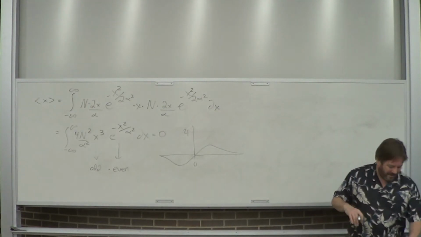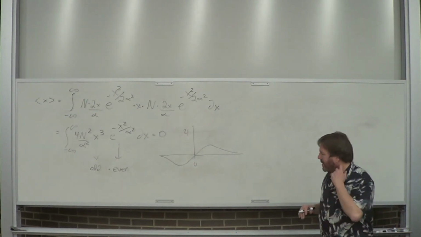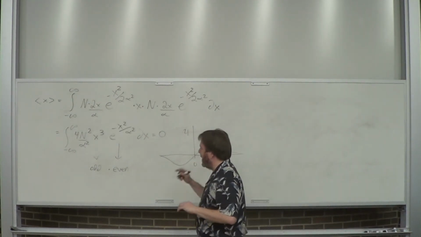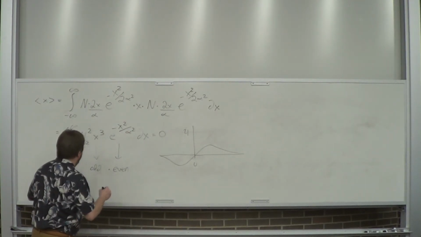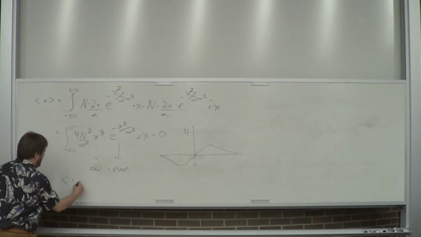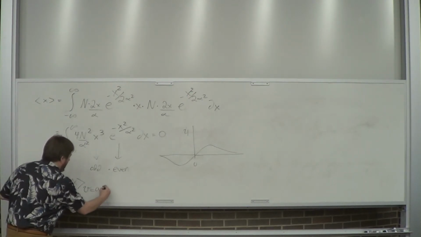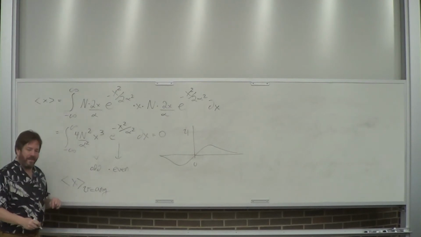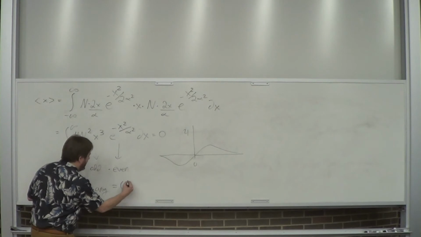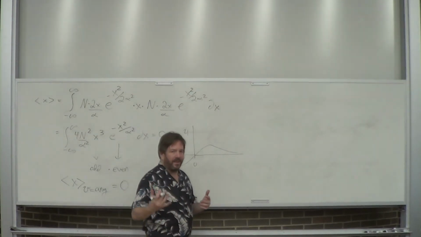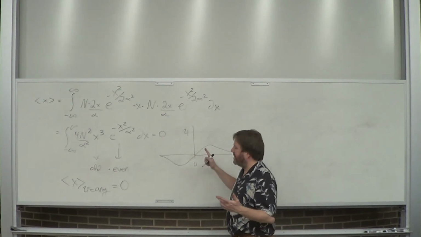Let's see. It turns out there's one little fact about this. The expectation value of position for any wave function, ground state, first excited state, second excited state, third excited state, is 0.